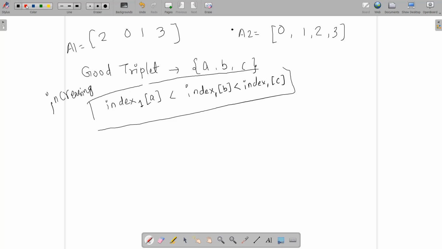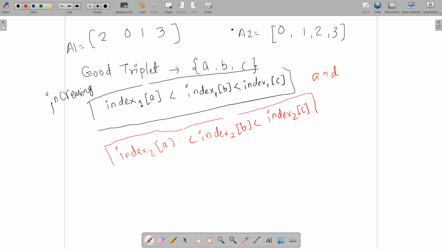And this is not the only sufficient criteria of good triplet. There is an and condition also, and index 2 of A must also be less than this B, and this should also be less than C. The only difference over this is we are operating on different arrays.